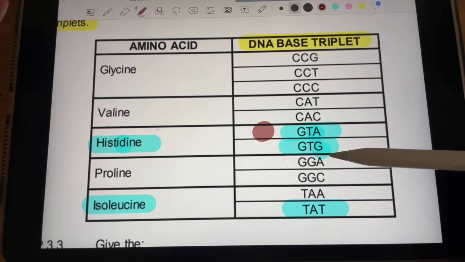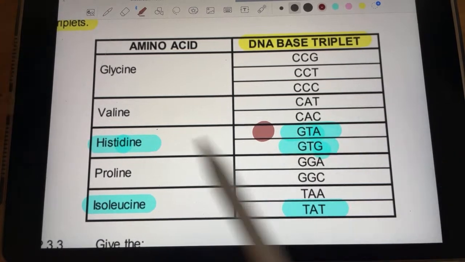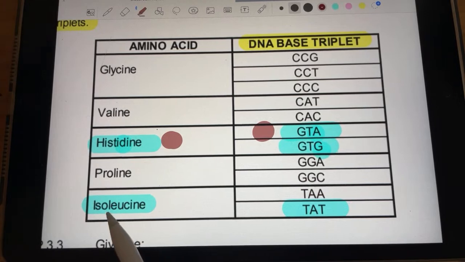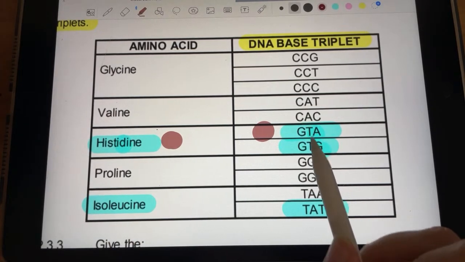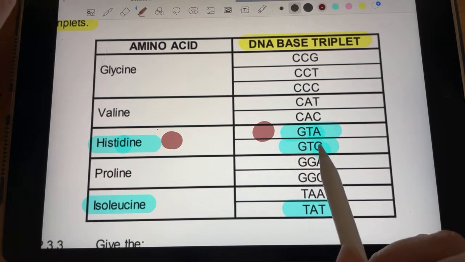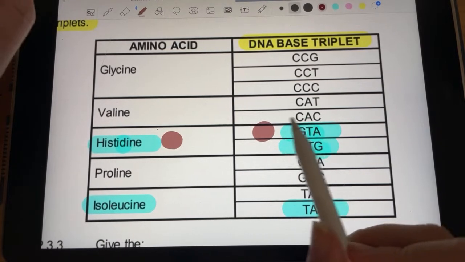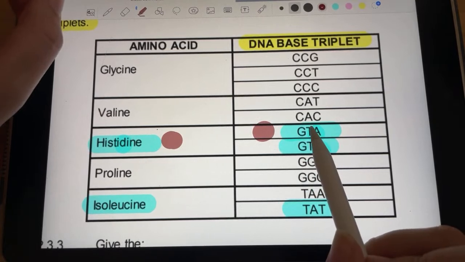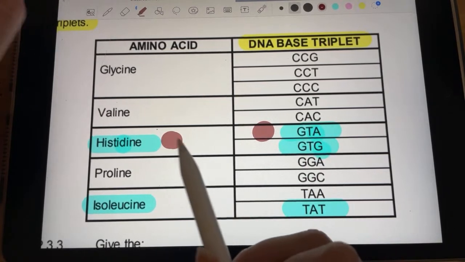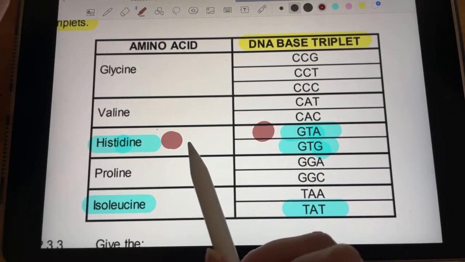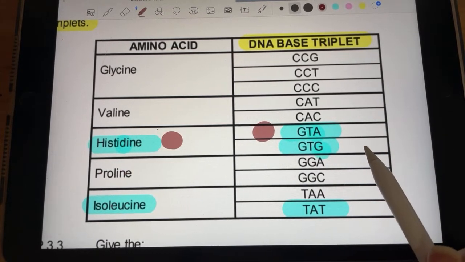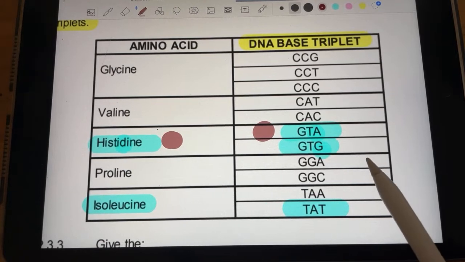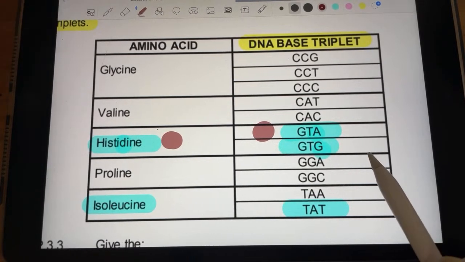However, the amino acid will still be the same, because even though the base triplets are different and therefore their mRNAs will be different and their anticodons will be different, they will still bring the same amino acid. Therefore, there will be no change in the protein that you make at the end. The process was different, but the result is the same.